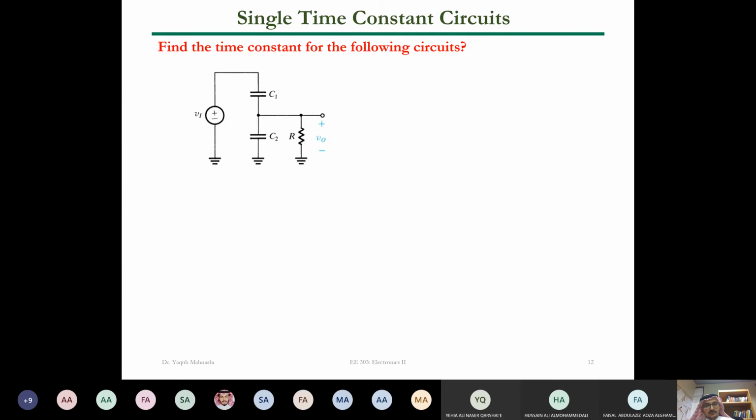The pole of this system, which is the time constant of this system. What is the time constant of this circuit? What is tau, guys? RC2. Exactly. Which RC? What is the C? The ones that are in parallel. They will be in parallel because you are deactivating the voltage sources. Okay, this is the first step.